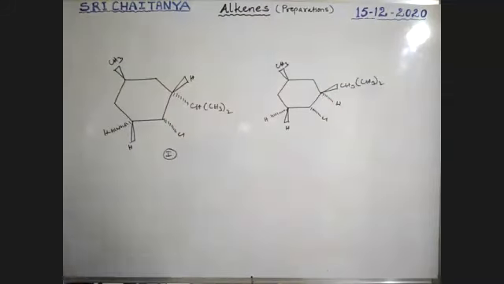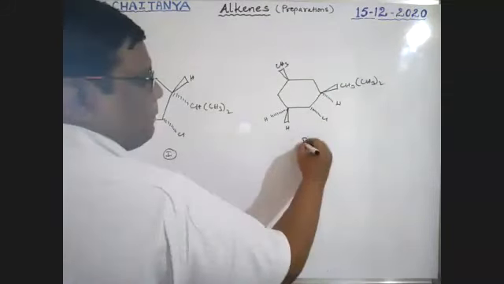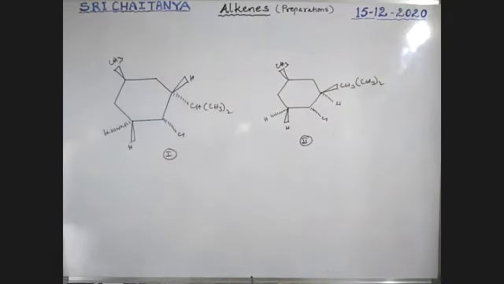This is compound 2: hydrogen, hydrogen, Cl, CH3 twice, hydrogen. Among these two compounds, which is more stable, which is less stable? Tell me.